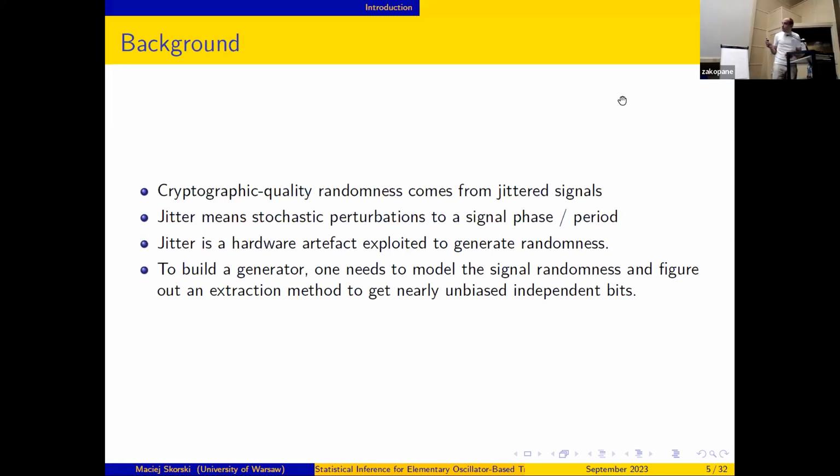A few sentences of motivation. Cryptographic quality randomness usually comes from jittered signals. To get randomness of really high quality, we don't use compromised dynamical systems like congruential generators, or reading fractional parts of a simple dynamical system like the square root of 2 multiplied by integers. It doesn't work. It produces chaotic patterns, but they are not truly random.